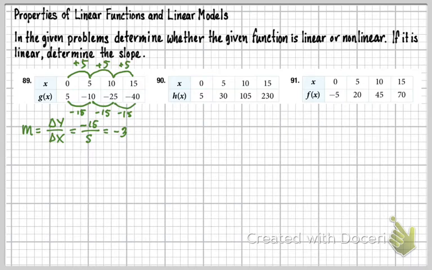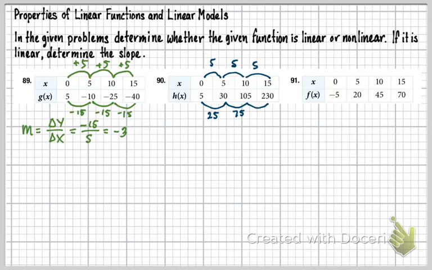Now let's try the next one. We just do the same thing. Notice that's a change of 5. That's a change of 5. And that's a change of 5. So that's a constant change on the top, just keep that in mind. The first one here is 25. The next one is 75.